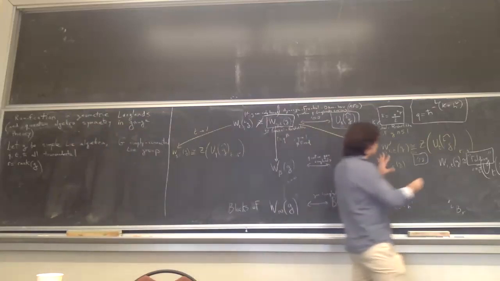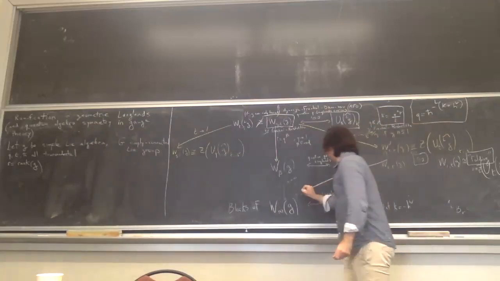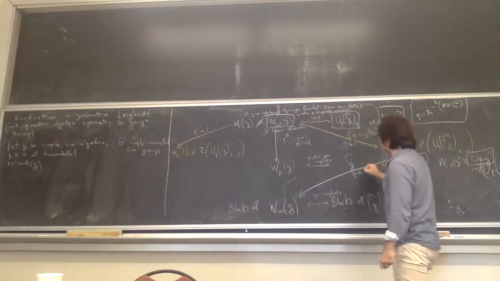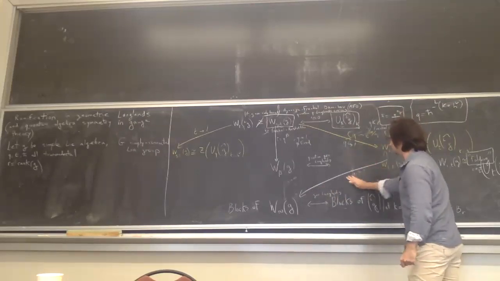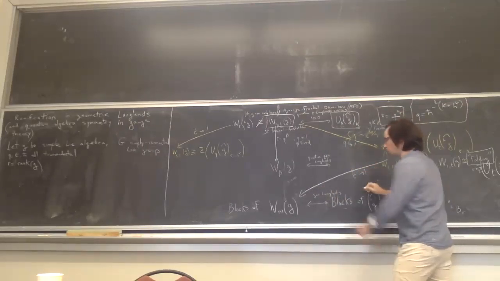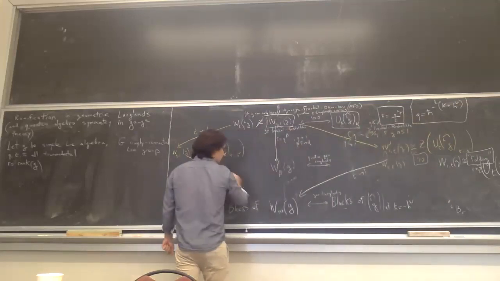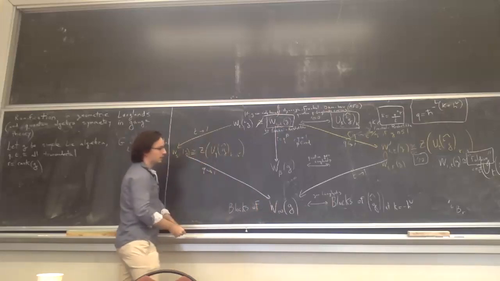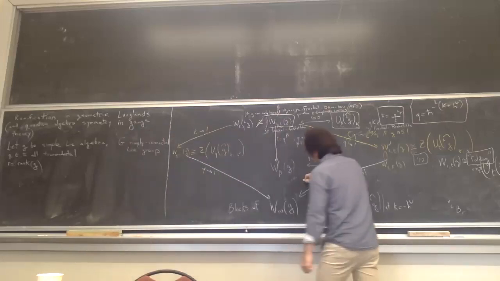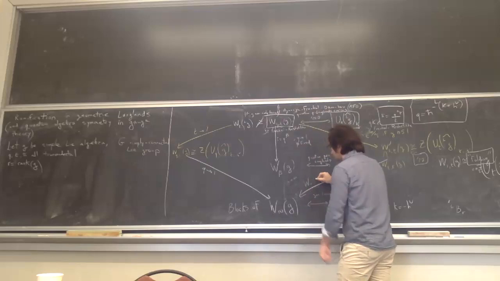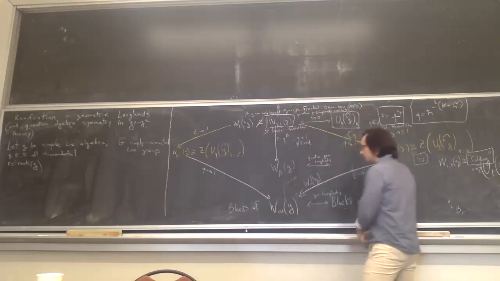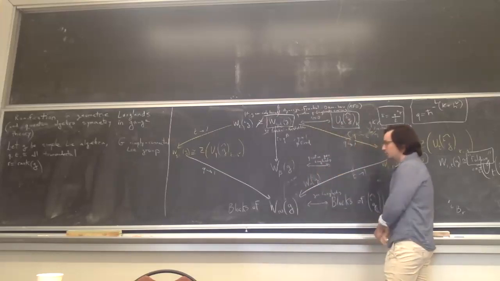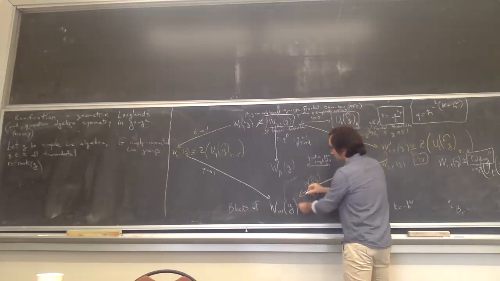Anyway, you take Q goes to 1, sorry, T goes to 1, and you recover this algebra, and here you take Q goes to 1, and you recover this algebra. In fact, here you recover an algebra which is W0 of G, like this, which is related by beta goes to 1 over beta.